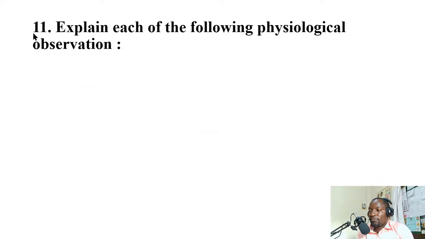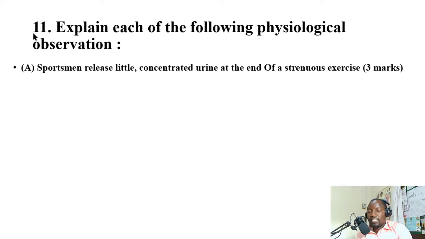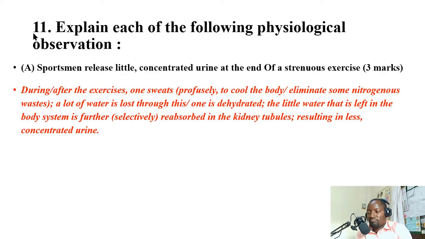Explain each of the following physiological observations. Number one, sportsmen release little concentrated urine at the end of strenuous exercise. Why? During the exercise, they sweat a lot, profusely, to cool the body, and this eliminates some nitrogenous waste.